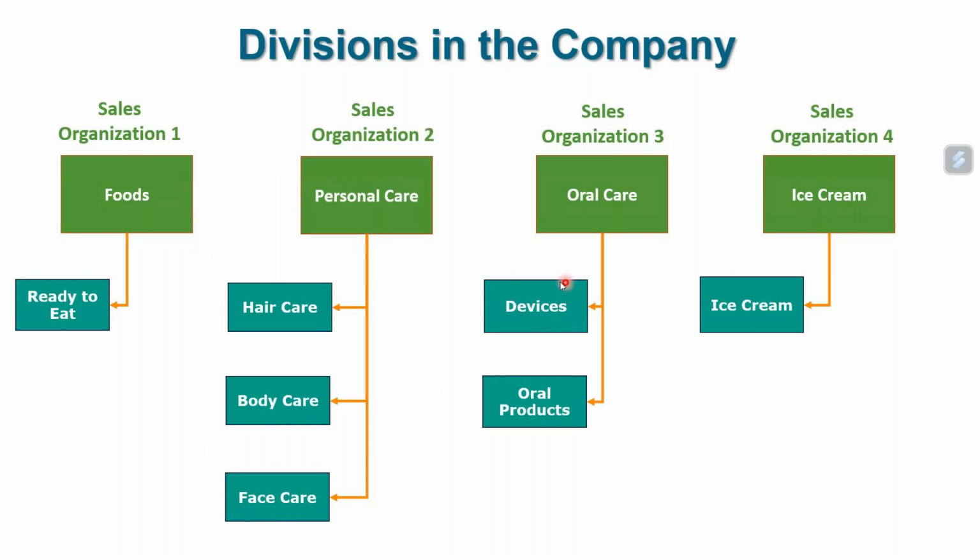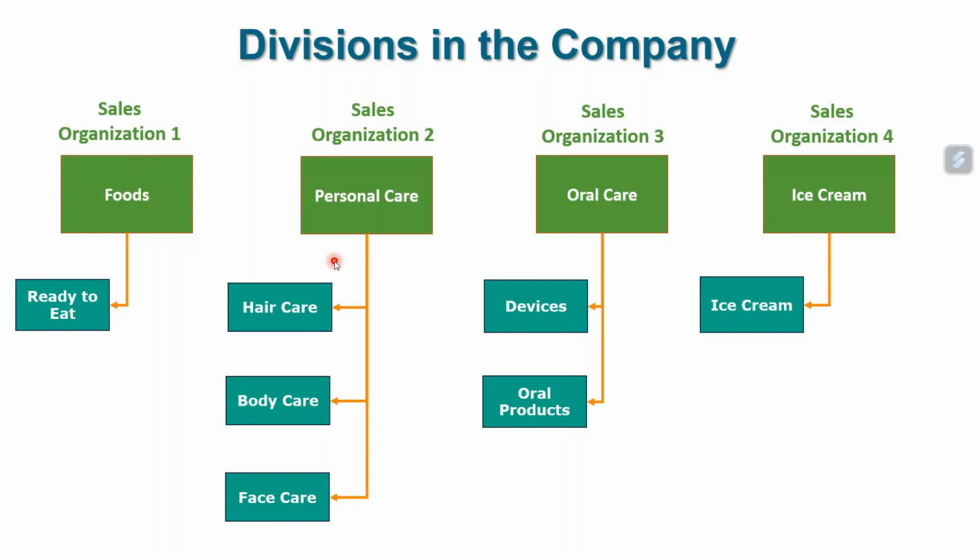Oral care, you have devices which are your toothbrushes, the electronic ones, and these are your oral products which are your toothpaste, tooth powder, etc. And in ice cream, you just have the ice cream. Okay, this is how we have structured the divisions in the organization, right?